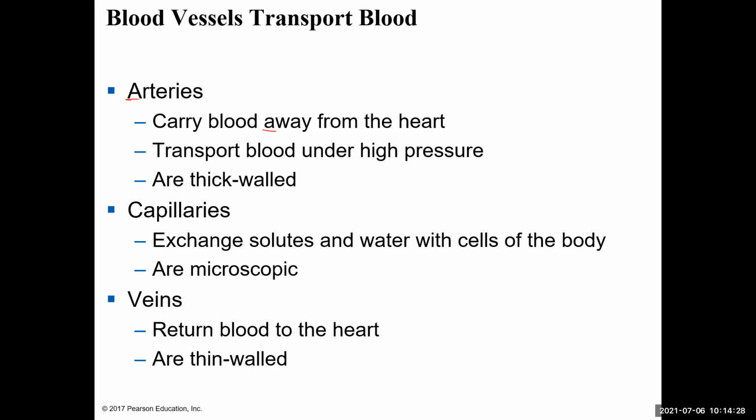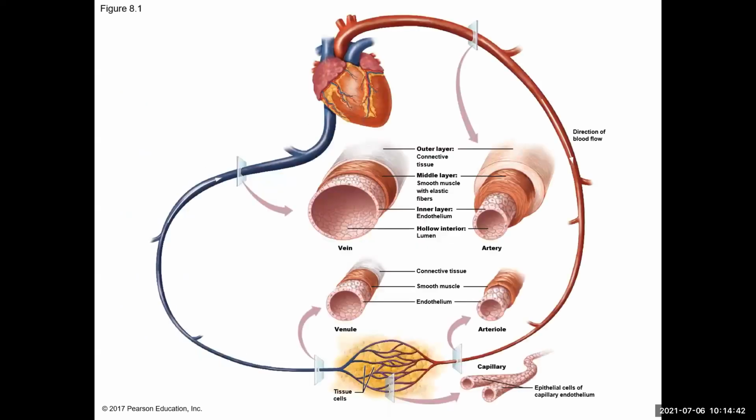So arteries are actually thick-walled vessels, and veins are thin-walled vessels. Okay? And the reason for this is because if you imagine the heart is pumping, right? So when the heart contracts, squeezes in, it pushes blood out.